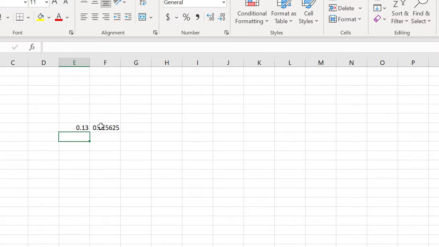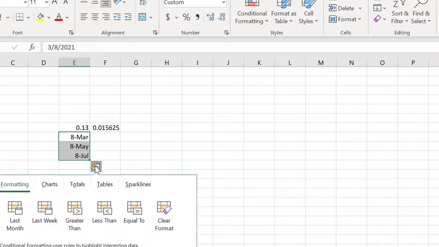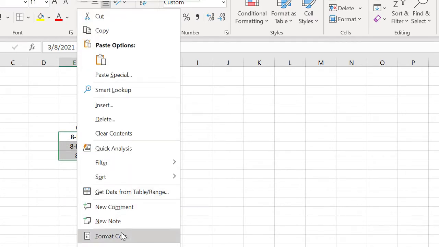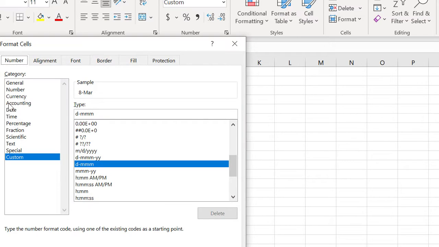Now we have 1/8, we have 3/8, we have, we'll fix the settings in a second, 5/8 and 7/8. And for all of these, we'll format the cells to be numbers.